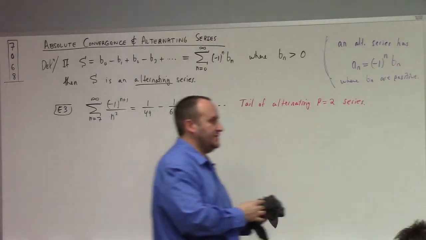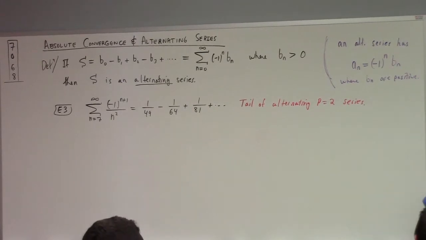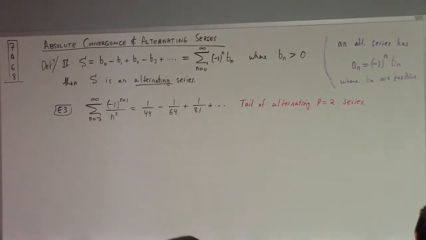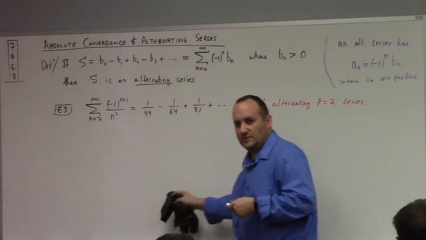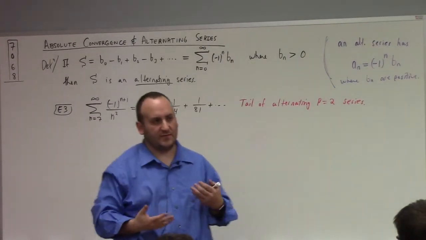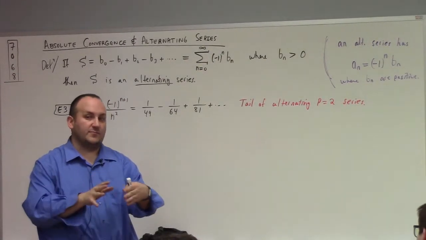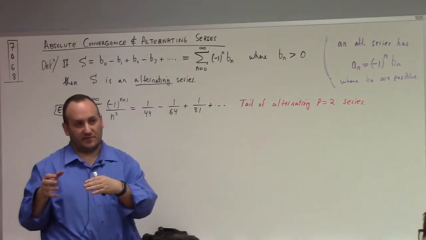So what's the theorem? What's the theorem about alternating series? The concept of absolute convergence is a little bit different than this, in the sense that with absolute convergence, we're taking a given problem, modifying it, taking a related problem and seeing whether or not that can converge in order to say something about the original series, right?